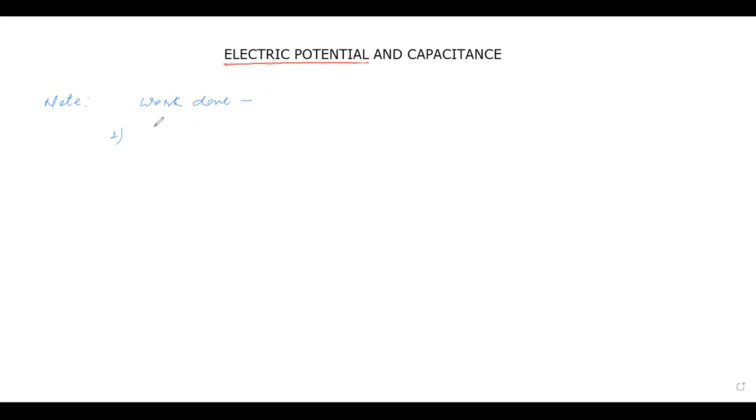The first one is the work done by constant force, which is W is equal to F into S, where F is the force and S is the displacement.